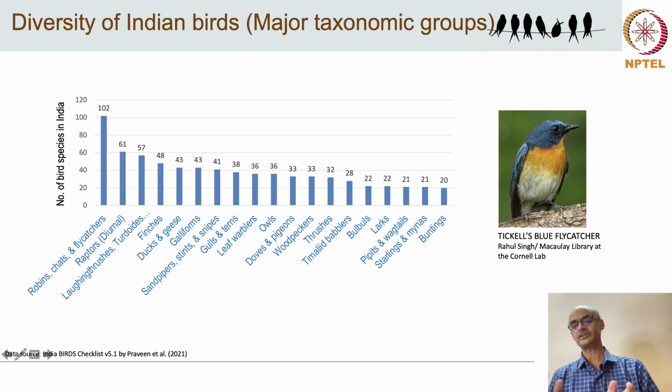with over 100 species, followed by raptors, 61 species of raptors and 57 species of laughing thrushes and Turdoides babblers. This graph shows perhaps the top 20 or 25 groups of birds with the highest number of species.